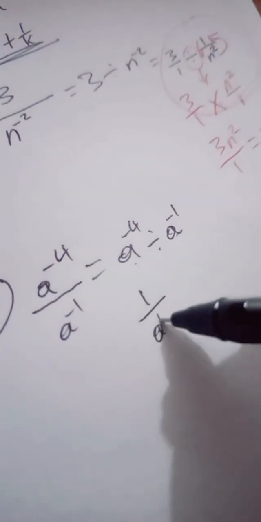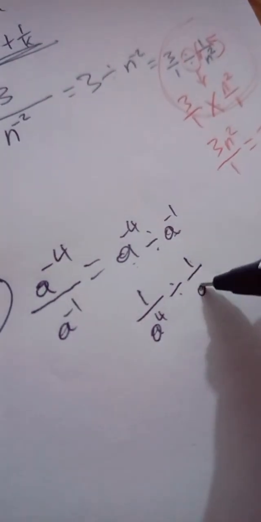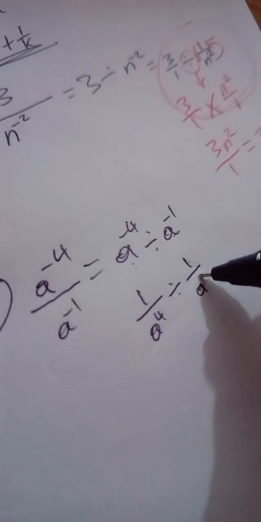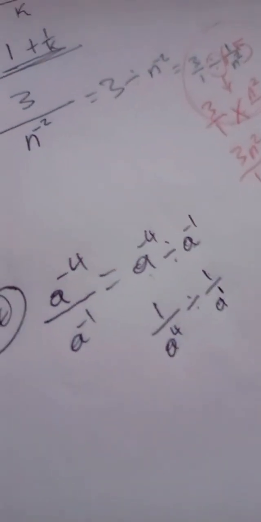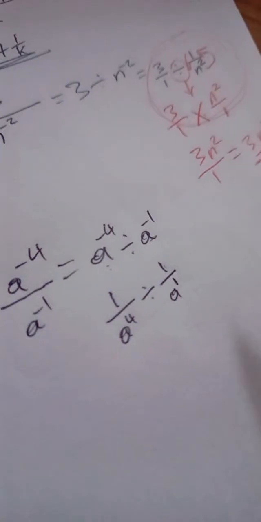Let's change these to positive exponents. 1 over a to the power 4 divided by 1 over a to the power 1. Remember, we want to switch this one to go on top.